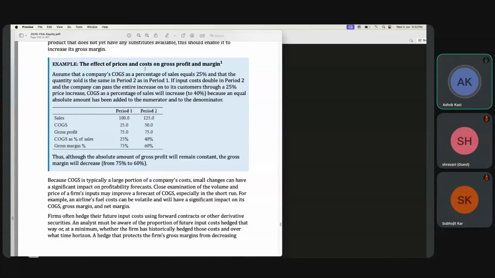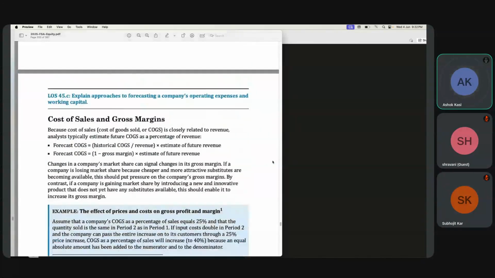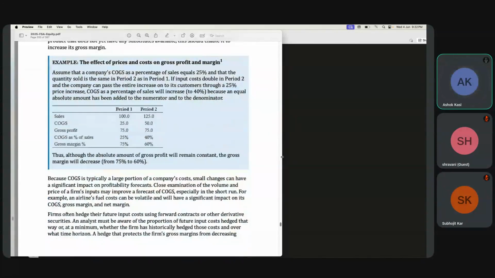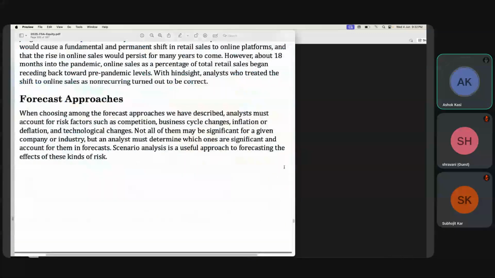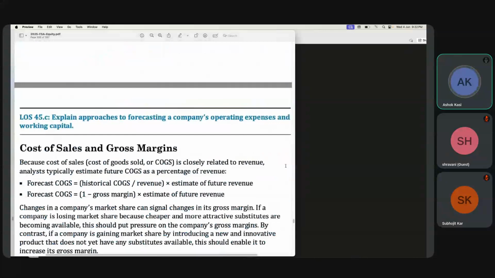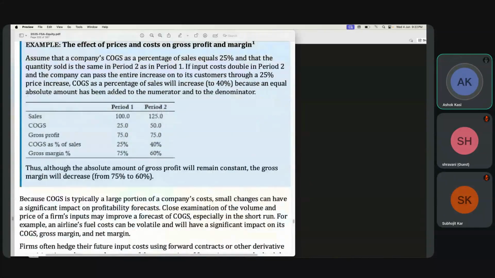The effect of prices and costs on gross profit and margin.